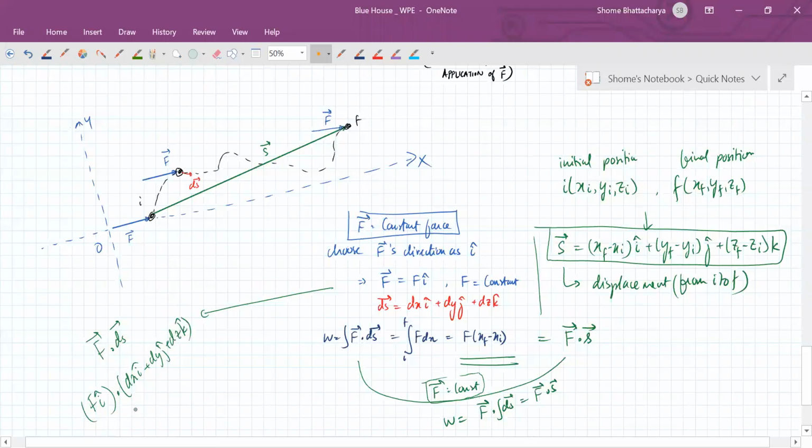Now remember, the dot product of two vectors is the product of x components, so F dx, plus the y components' product is 0, the z components' product is 0, so it is F dx. Where F is now a constant, so integration F dx will become F into integration dx from initial to final. Is it clear now, Shikhar?